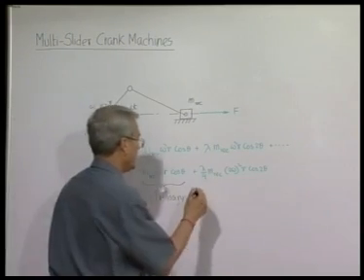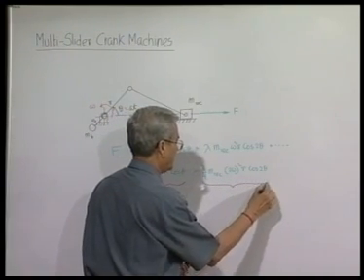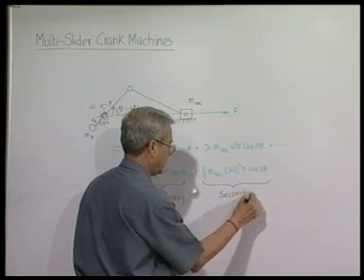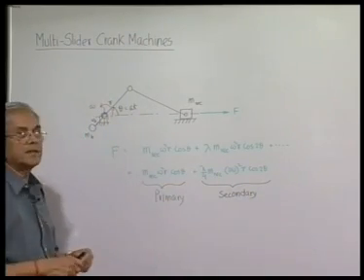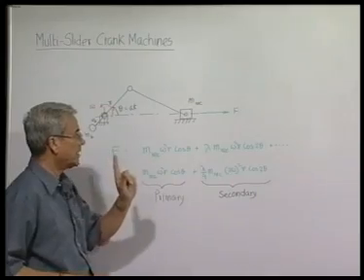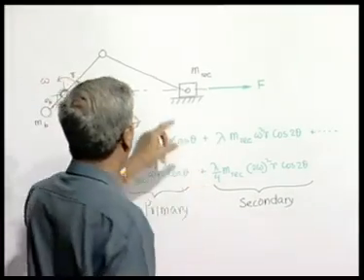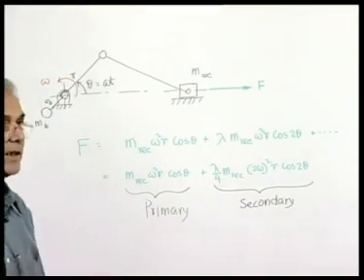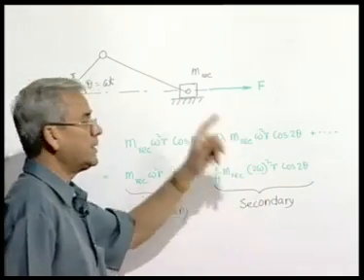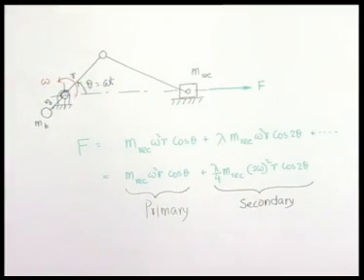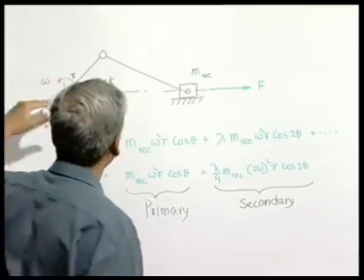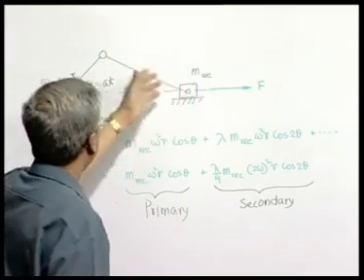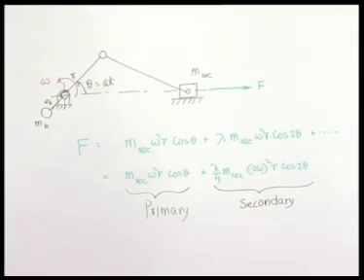Similarly, the secondary force can be considered, as mentioned earlier, as a component along this center line of the centrifugal force produced by placing a mass lambda by 4 m reciprocating at the tip of a hypothetical crank of the same radius r, but rotating at double the speed of the primary crank. And we have seen that the component along this will be the same as what the real system, or rather the equivalent system with apportioned connecting rod mass, produces.